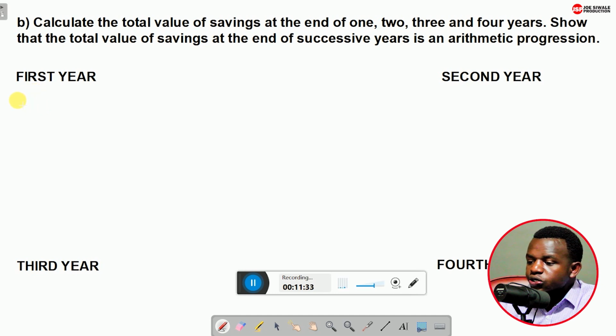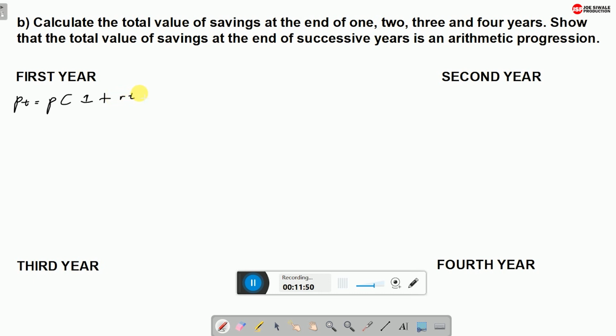So we know that the total value of the investment, the future value, is equal to the principal, open bracket, 1 plus RT.